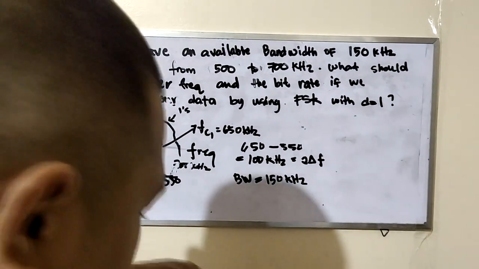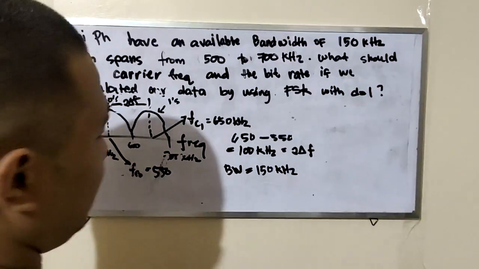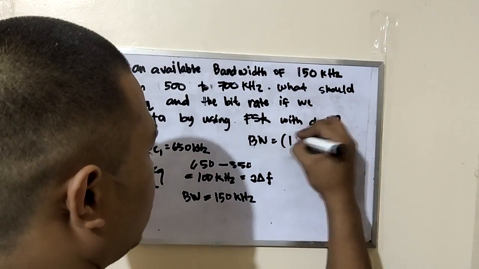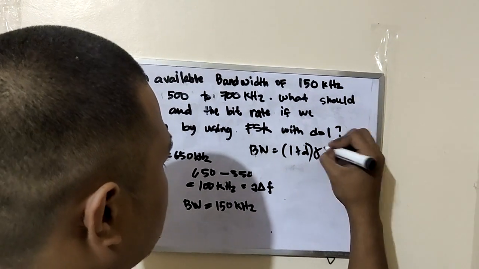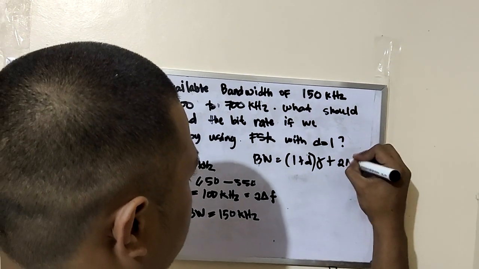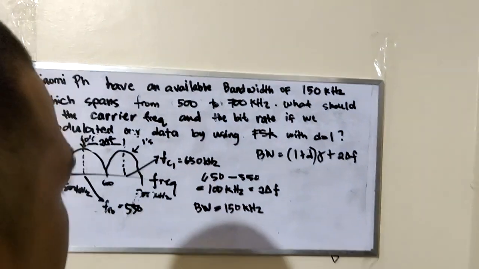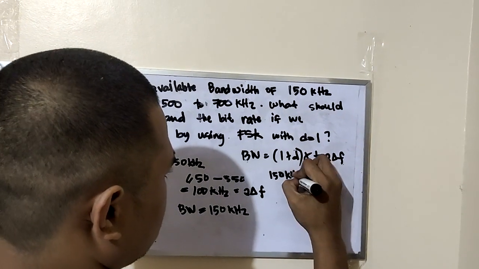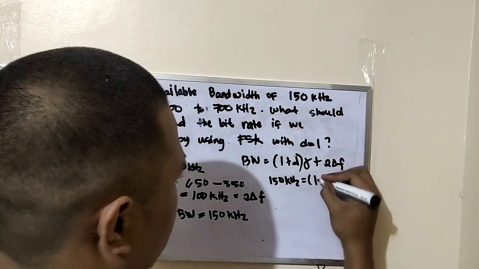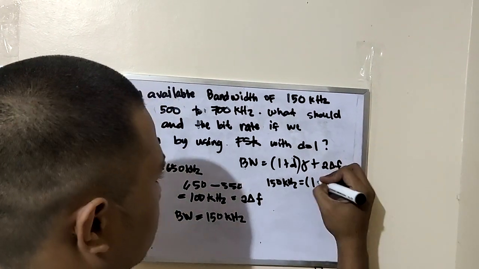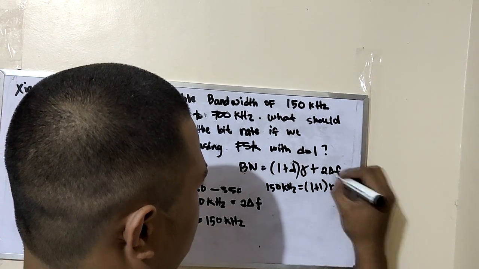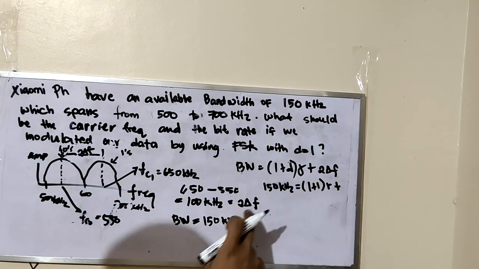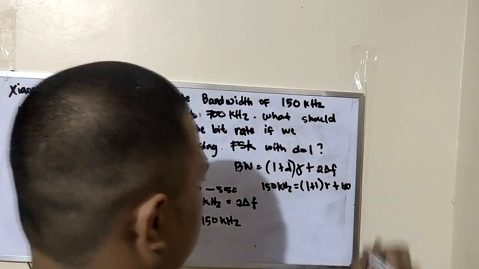The formula for the bandwidth is equals to (1 plus D) times the baud rate plus 2 delta F. Now we have the given bandwidth equal to 150 kilohertz, and D is equals to 1, so 1 plus 1 times R plus 2 delta F, which is 100 kilohertz.